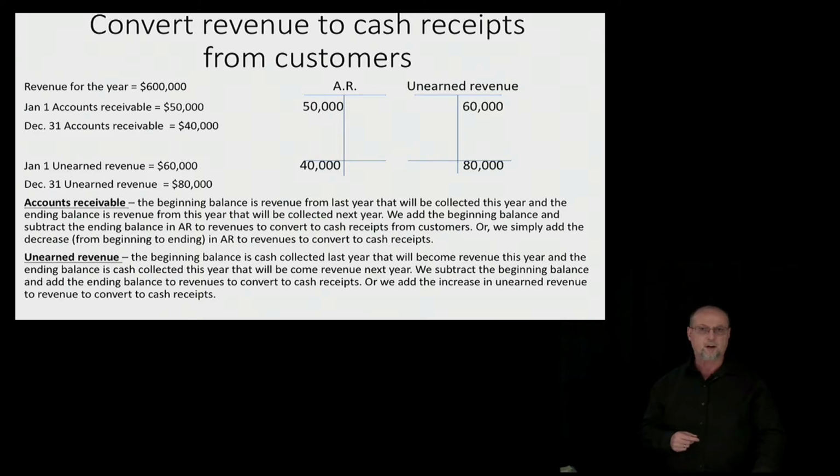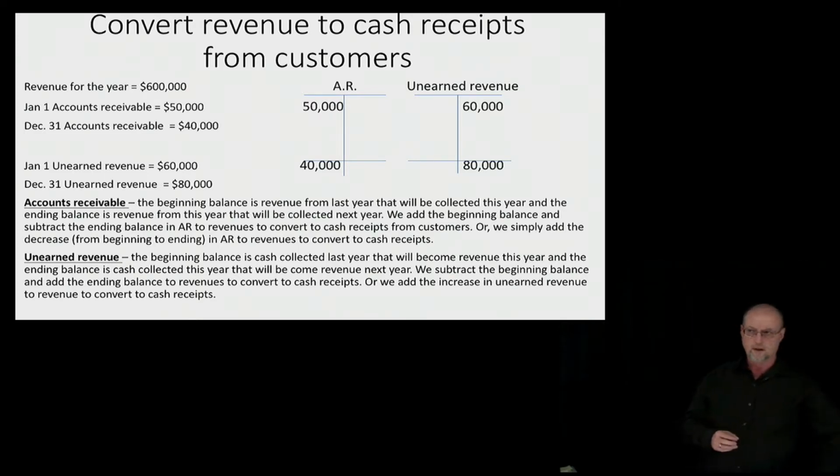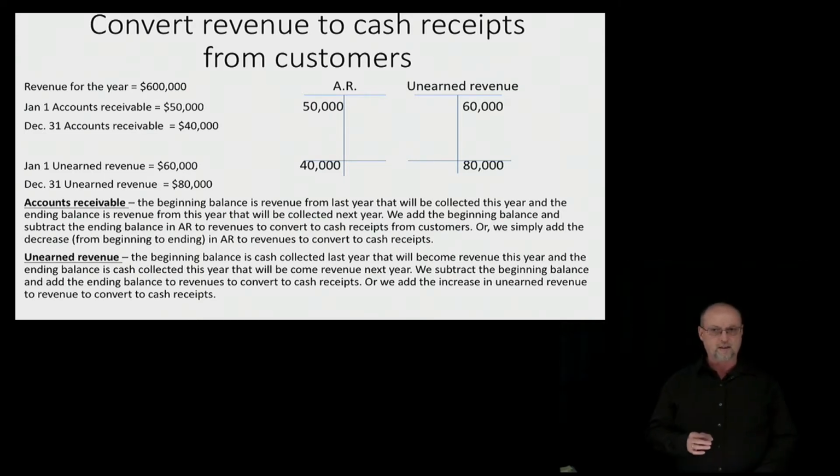If we have unearned revenue, again, you got to think of the journal entries that create these balances. Beginning unearned revenue, we debited cash, credited unearned revenue, okay? And then this year, as we earn the revenue, we would debit unearned revenue and credit revenue.